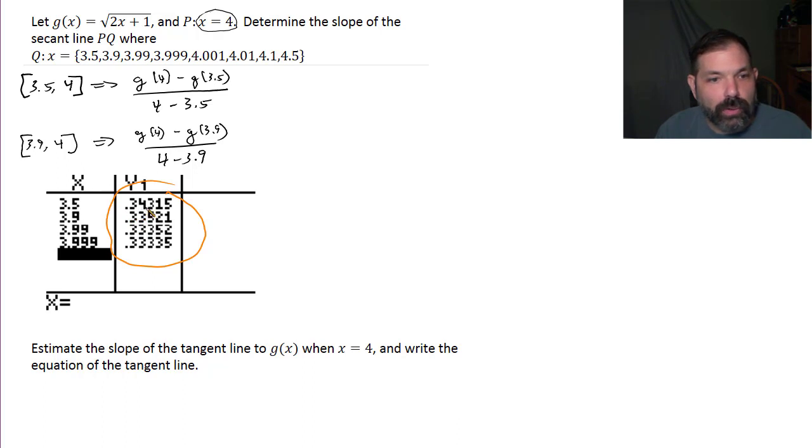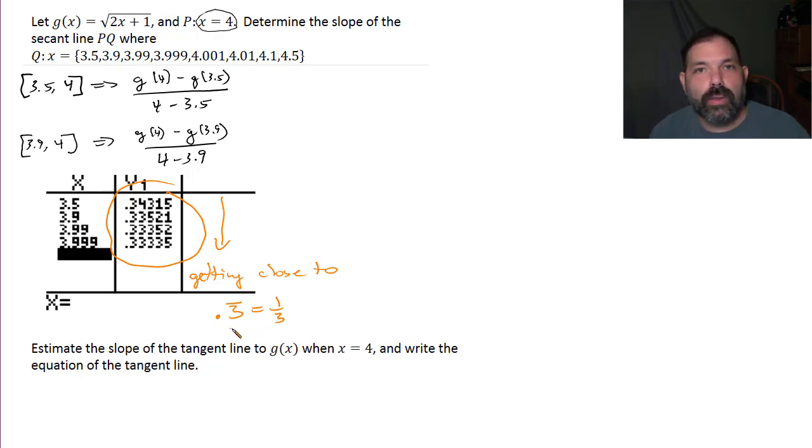I've got 0.34315, then 0.33521, then 0.33352, then 0.33335. What appears to be happening here? Looks like these are getting close to 0.3 repeating, which is 1/3.